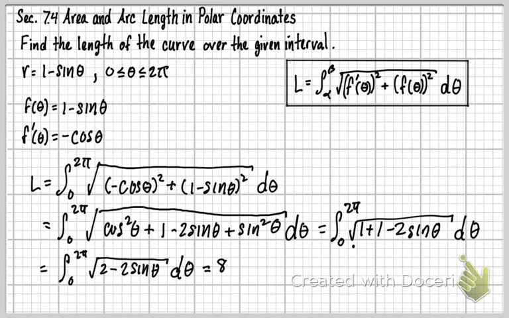And sometimes you'll have to get it down to there to integrate. It doesn't always integrate. Like if I just plug this in, it may or may not work. So that's the interesting thing about the arc length formula in polar. Sometimes you've got to simplify your integral before you can integrate it on your calculator. All right, that's it.